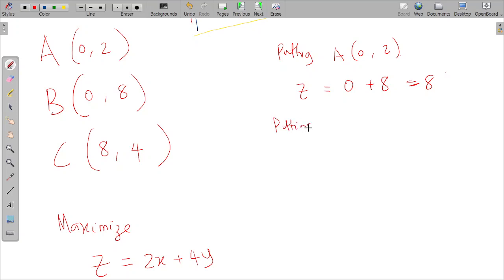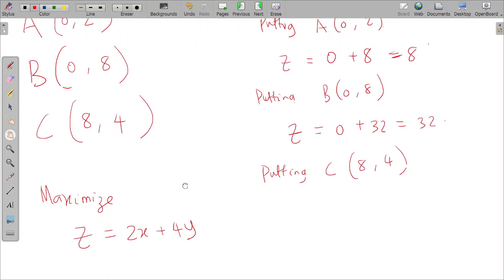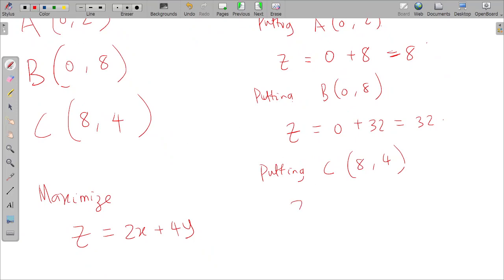Putting B, which is 0, 8, then Z becomes 0 plus 4 times 8. 4 times 8 is 32, which will give us 32. All right. Putting C equals 8, 4, then we have Z to be 2 times 8 is 16, plus 4 times 4, 16.